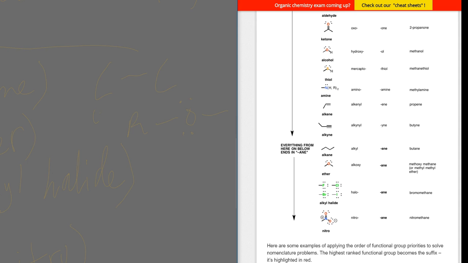Make sure to clarify not carbonyl. If that was carbonyl, then this would be sort of like an aldehyde of some sort, or an ester.